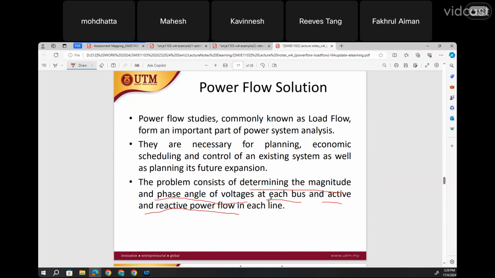So, like compensate the losses, maybe generate more power at the generator side so that the load given to the consumer will be maintained at its acceptable value. Maybe not 240, maybe acceptable or suitable for the application of the load.